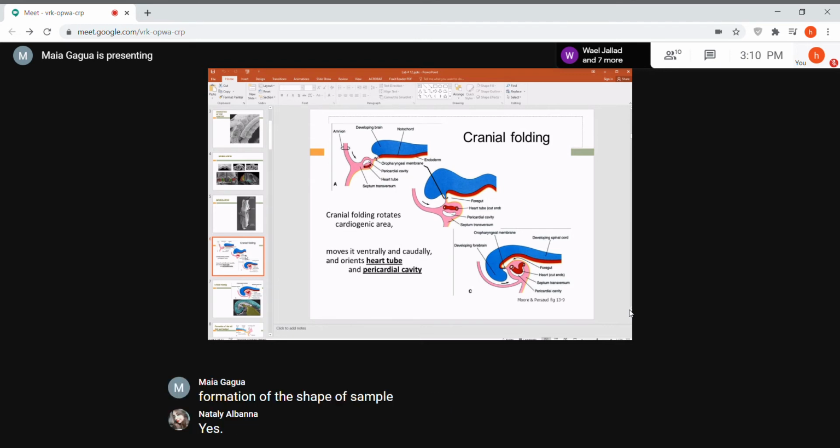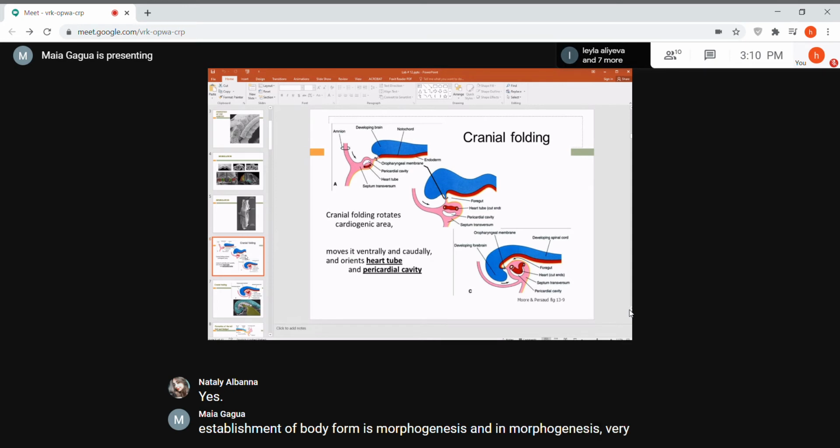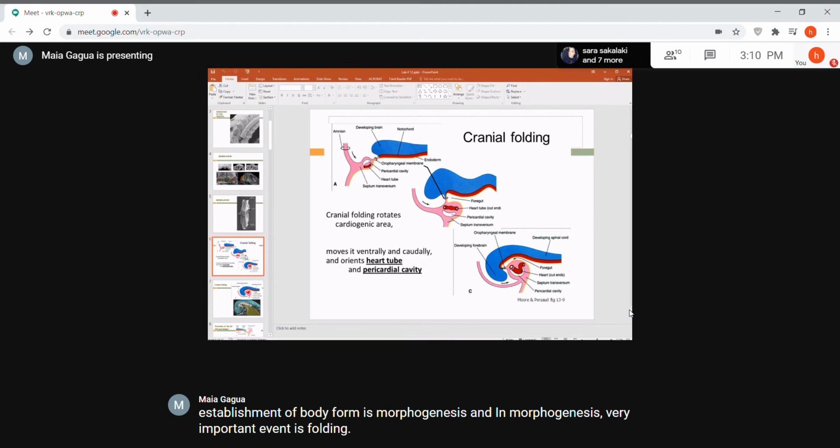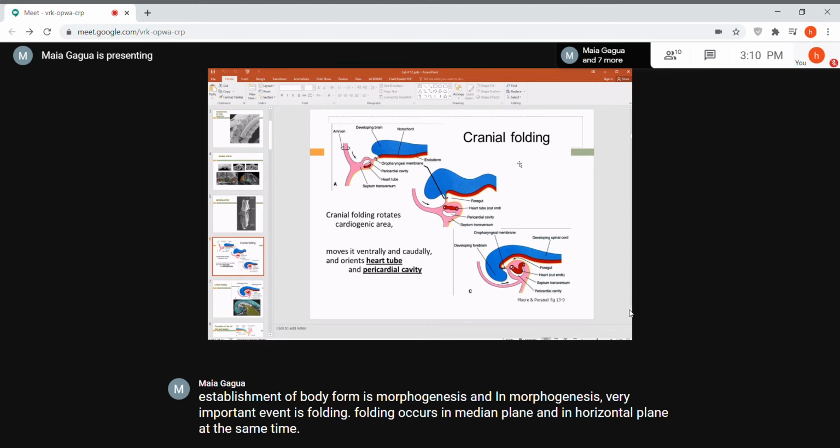Yes. Establishment of body form is morphogenesis, and in morphogenesis, a very important event is folding. Folding occurs in median plane and in horizontal plane at the same time.